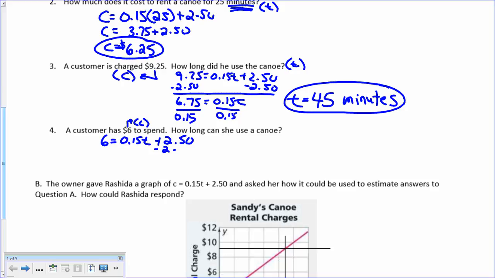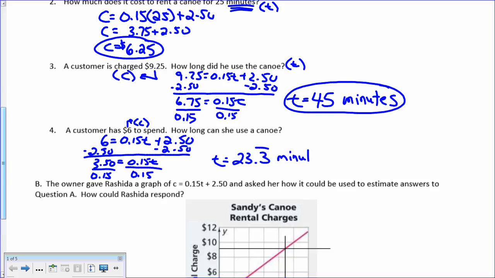Again, I subtract 2.50 from both sides, so I get 3.50 = 0.15t. And when I divide both sides by 0.15, t is going to equal 23.3 repeating. So 23.3 repeating is a third, right? So 23 and a third minutes.